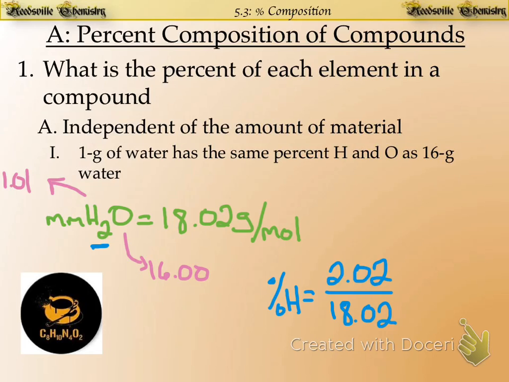And because I wanted a percentage, I want to then multiply that by 100. So when I'm all said and done, I'm going to take 2.02 and I'll divide that by 18.02, multiply by 100, and I'll come up with about 11.2%. If I do my sig figs right, 11.2% of hydrogen.